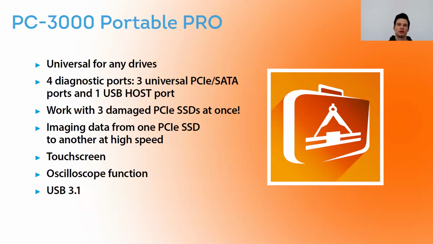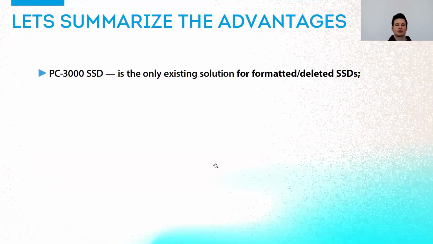We have touchscreen if you need to work in standalone mode without connecting the Portable Pro to a laptop or to your desktop machine. Oscilloscope function is available in any mode, and with the Portable Pro we even have a little bit faster USB port, USB 3.1.